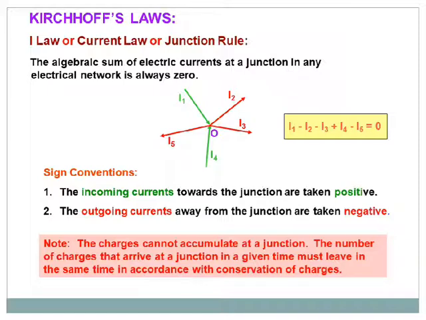So according to the current law, we can write this in equation form as I1 positive. So I1 minus I2 minus I3 plus I4 minus I5 is equal to 0, because the algebraic sum should be equal to 0. This is Kirchhoff's current law, right?